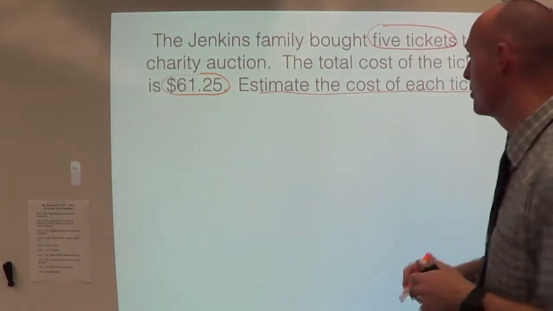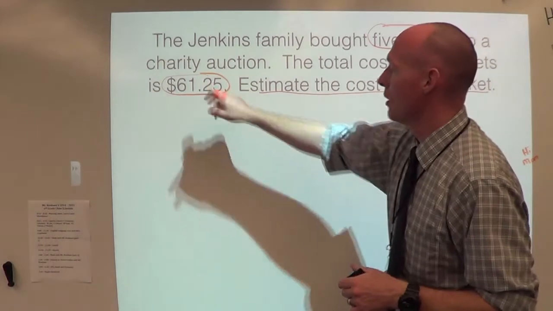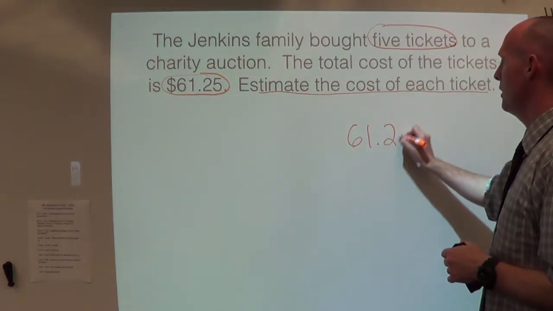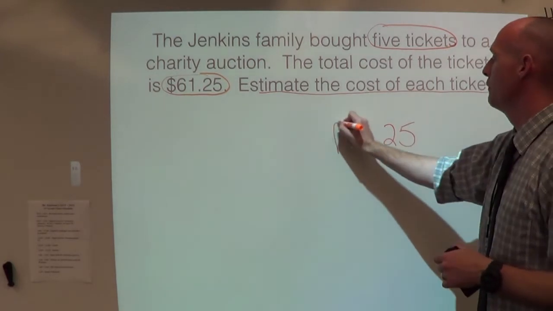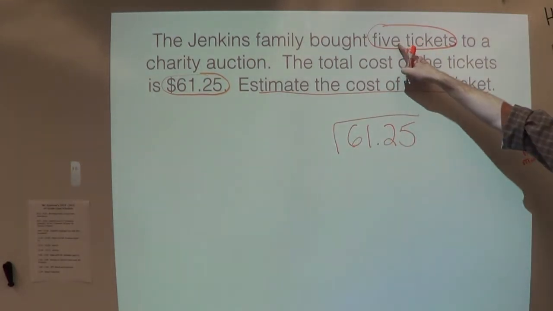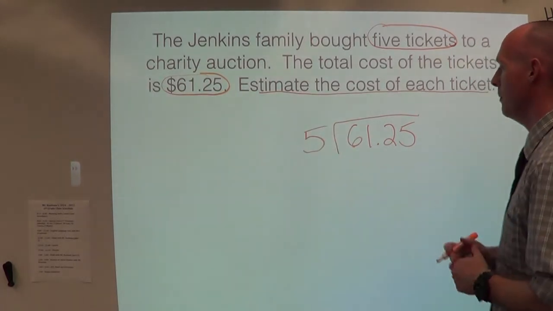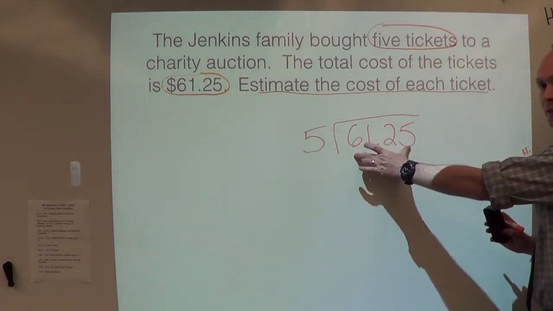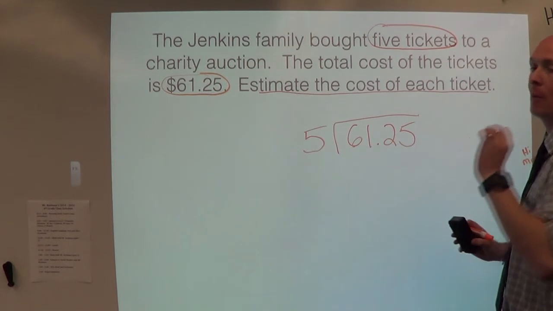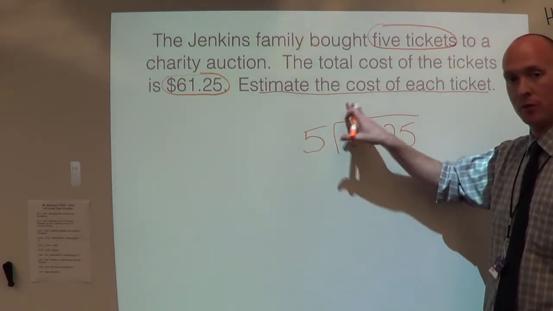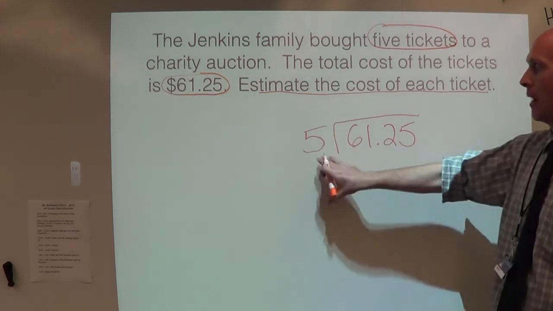In this case, it is. So my total is $61.25 divided by how many tickets? 5. Okay, so that's my total of how much the tickets cost, and we want to know how much money each ticket costs, and there's 5 of them, so let's divide the total by the parts.